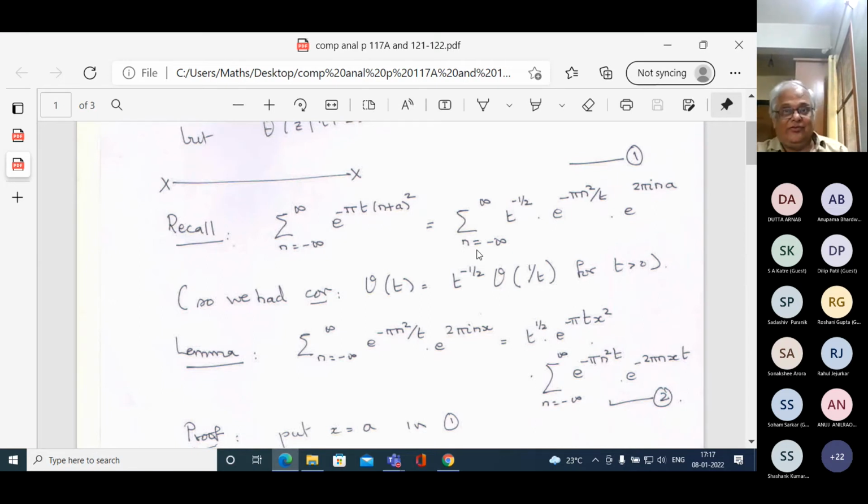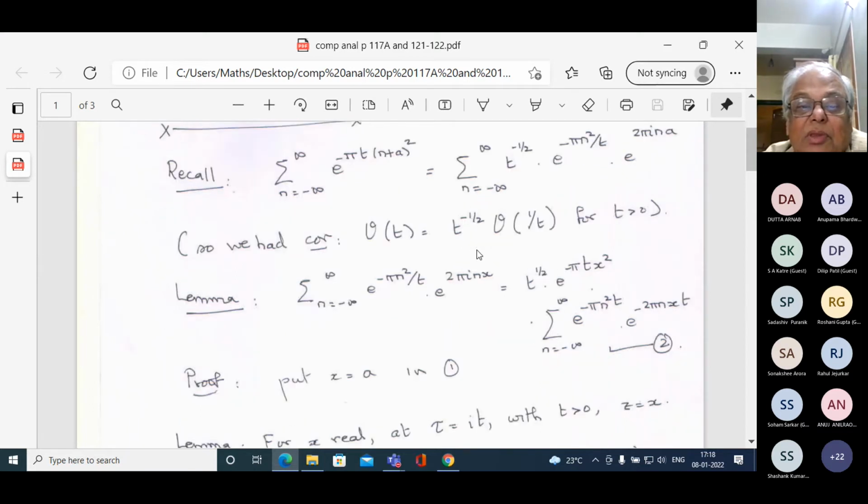So this formula we had seen earlier as a consequence of the Fourier transform acting on e raised to minus pi x squared and the Poisson summation formula. And at that time, I told you that we have this corollary, that theta at t is t to the minus half theta at 1 by t.